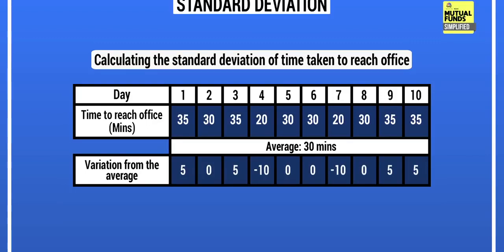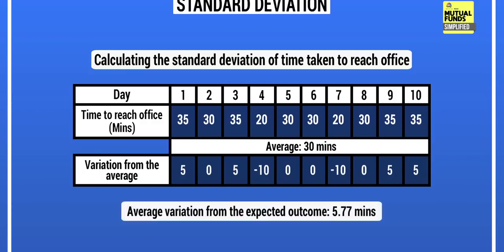So therefore, if you were to calculate the average variation from the expected outcome, it would be roughly 5.77 minutes. The only point to be noted in the example, Sumaira, is that all deviation, either positive or negative, both are considered as risk. Hence, standard deviation adds them all up. So minus 10 minutes, which is what you took on the 4th day, is still considered as a plus 10 risk. All right, that makes sense actually.